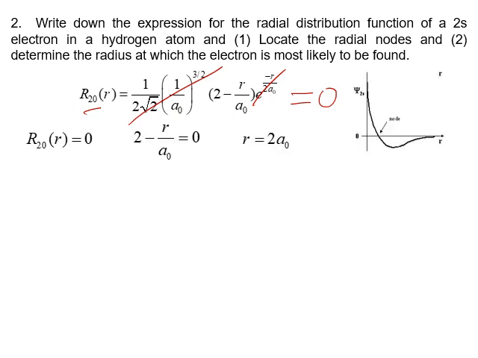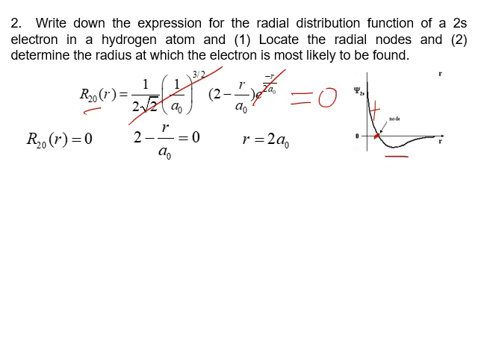And this is a drawing of this radial wave function. It changes sign from positive to negative, and here is the distance 2a naught, where the wave function is 0. Next, determine the radius at which the electron is most likely to be found.